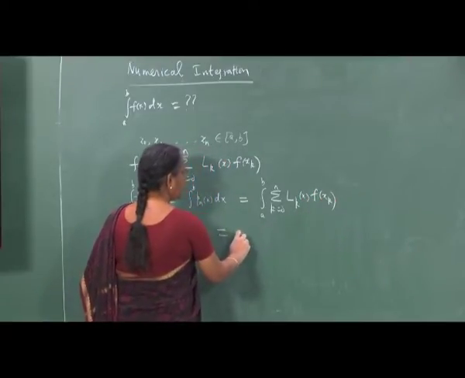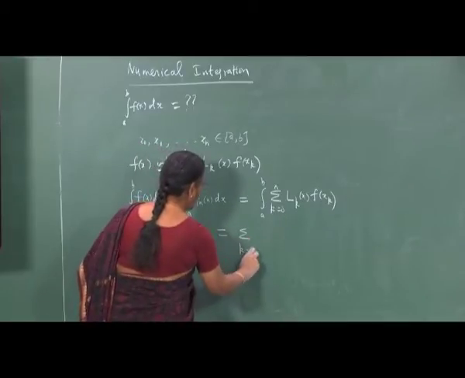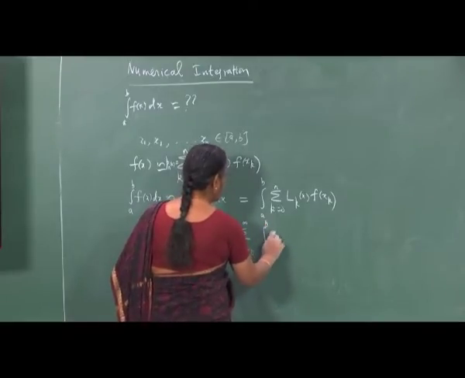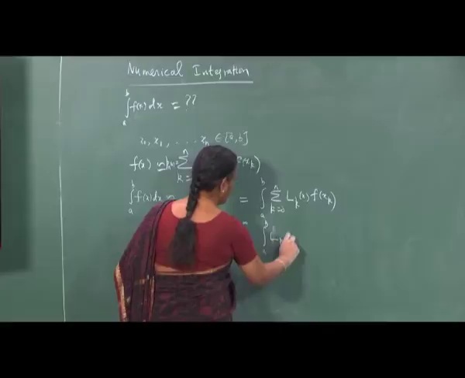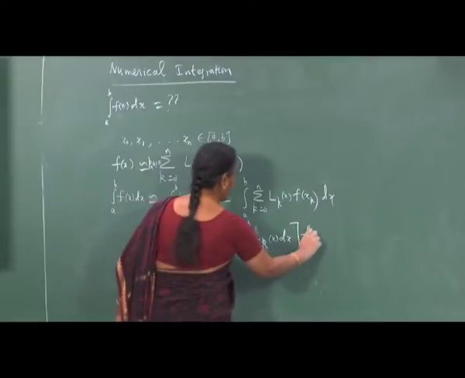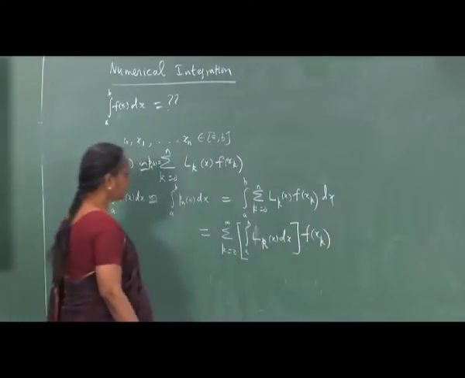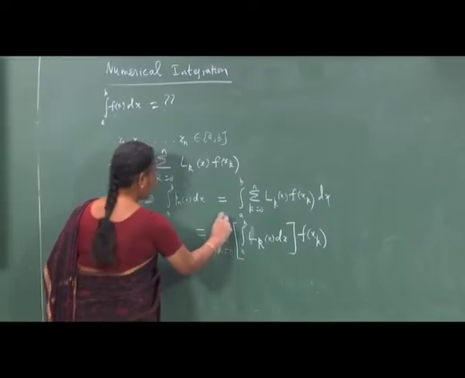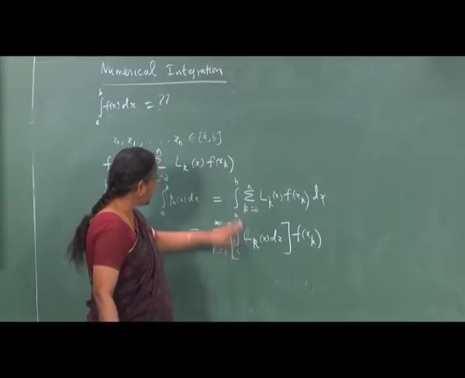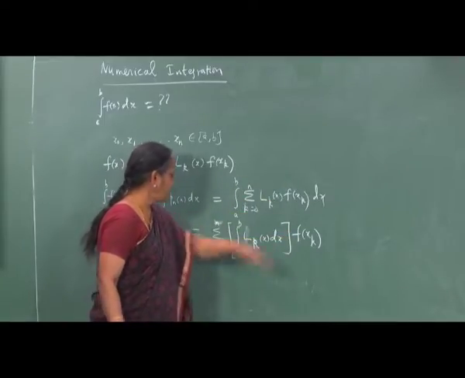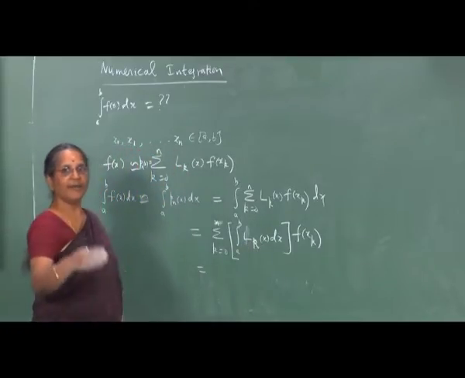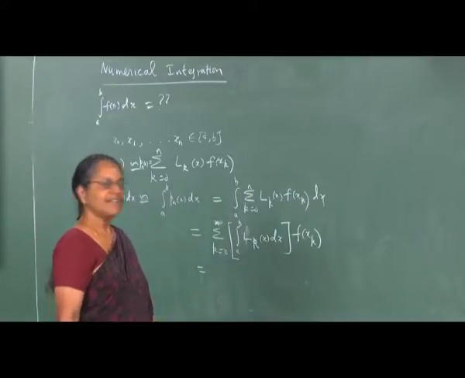So, this will be sigma k is equal to 0 to n into integral a to b L k of x dx multiplied by f at x k. So, what are these L k of x? They are all polynomials, we have already seen.